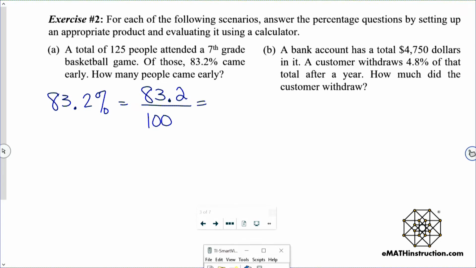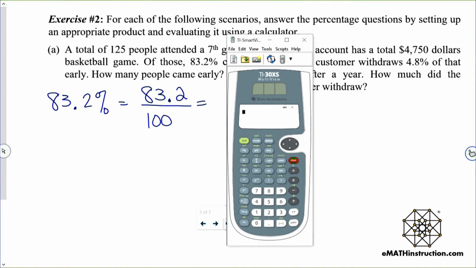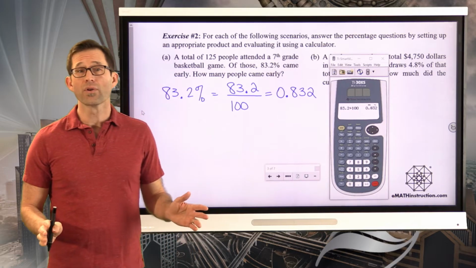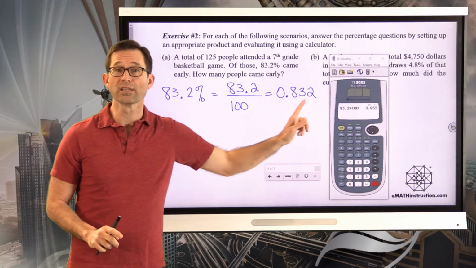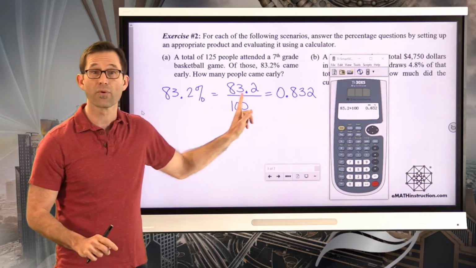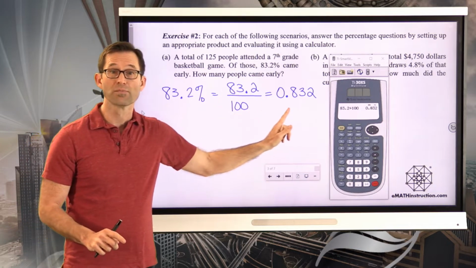If you get at all confused about how to convert this, it's really just moving that decimal place 2 places to the left, as it always has been with percents, because we're dividing by 100. But it's also easy enough to take your calculator and simply do that division there. Again, all we ever do when we convert a percent into a decimal is take the decimal point and move it 2 places to the left. So that 83.2 becomes 0.832.